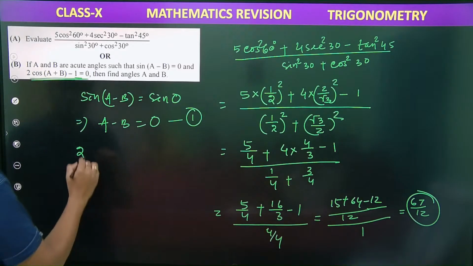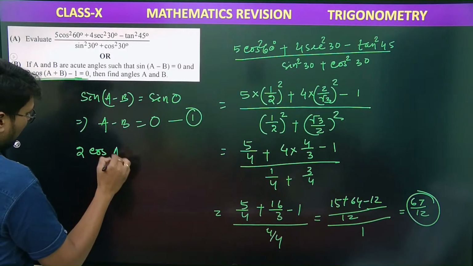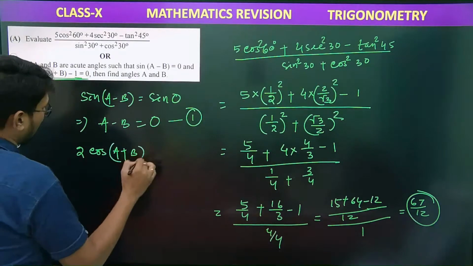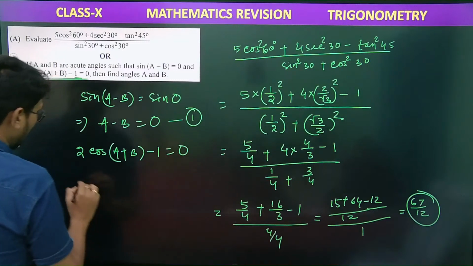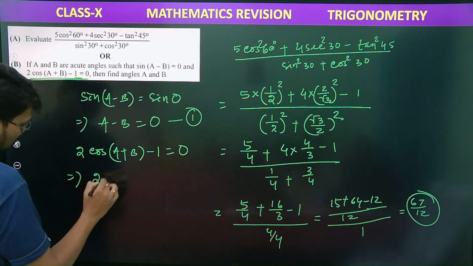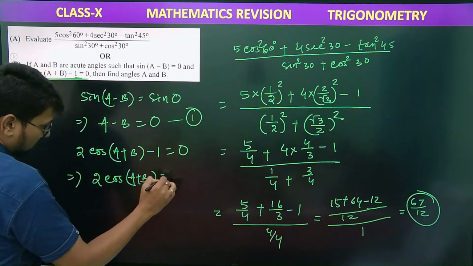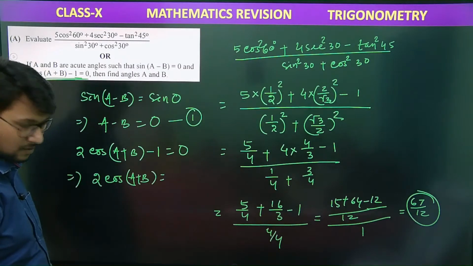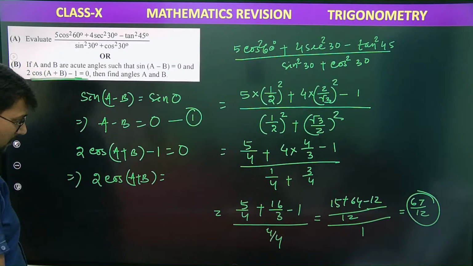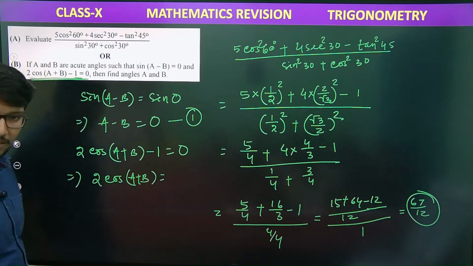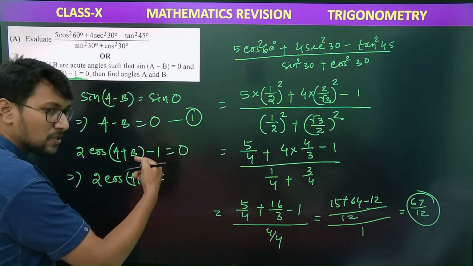2 cos(A plus B) minus 1 equals 0. Hence, 2 cos(A plus B) equals how much? We have to take minus 1 to the right side.